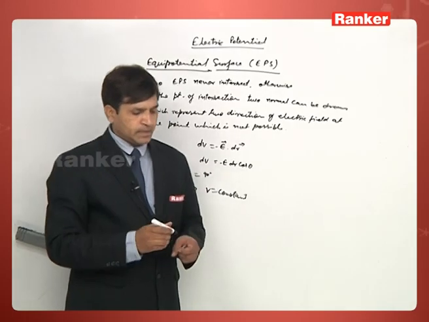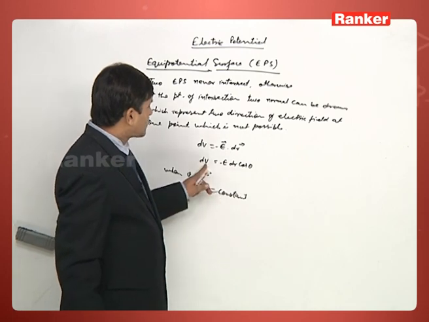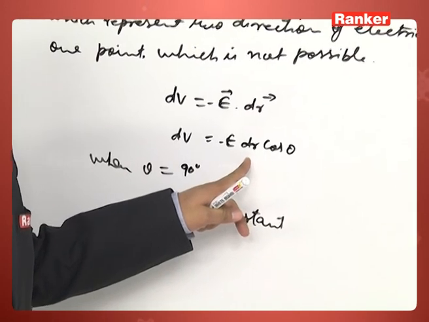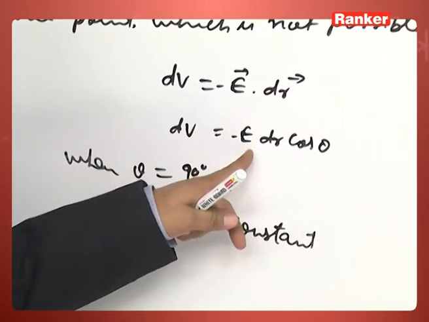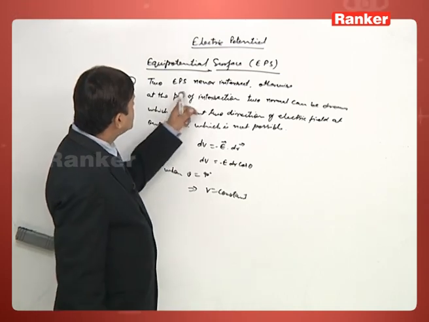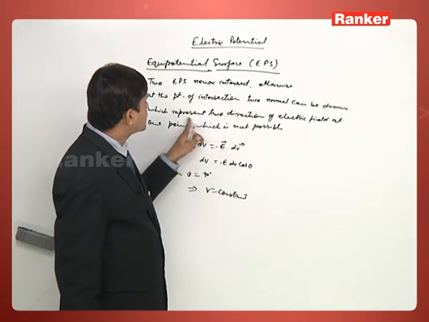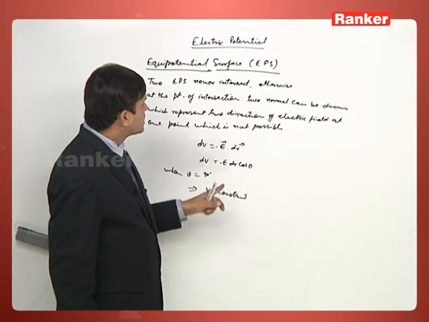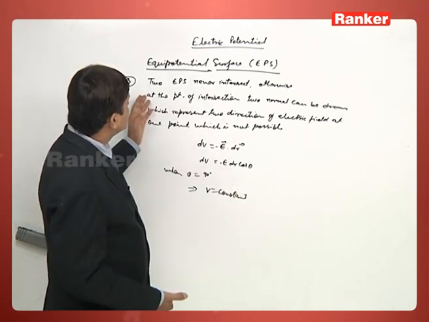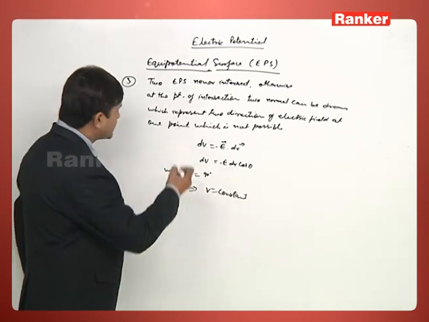It means the potential here is constant. So what has been observed from here: perpendicular to the electric field, all points will be at the same potential. So when two equipotential surfaces intersect each other, at the point of intersection two perpendiculars to the electric field, or two normals, can be drawn, representing two directions of electric field, which is not possible. This is the meaning of this statement.